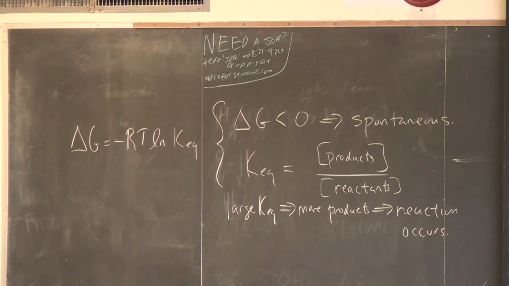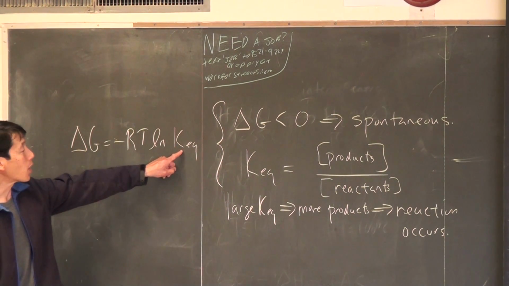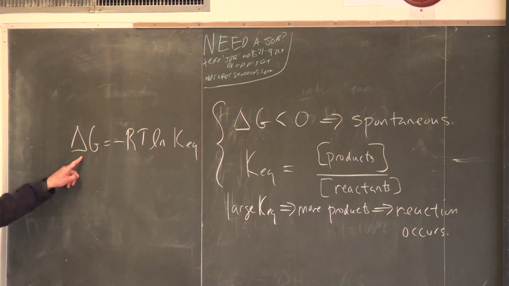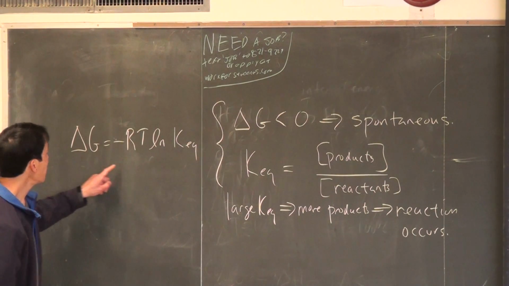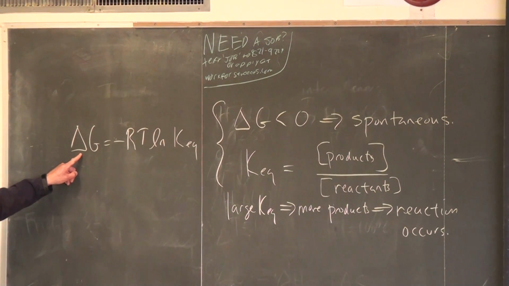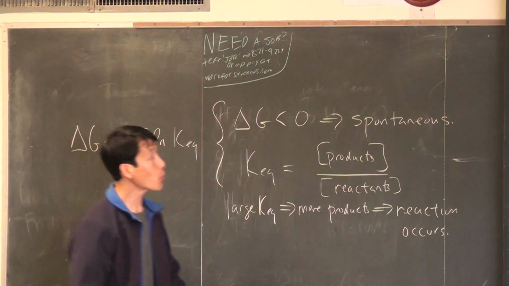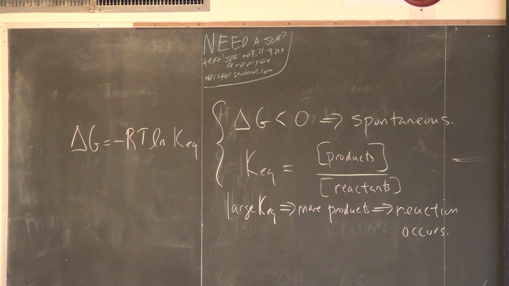This equation relates the equilibrium constant and delta G. Again, this makes sense because if KEQ is large, that means delta G should be less than 0. If KEQ is small, that is, less than 1, delta G should be greater than 0. So for the first question, we can tell whether a reaction occurs by looking at both delta G and KEQ, or one or the other. The rate constant doesn't tell us whether a reaction occurs. This just tells us how fast or how slow the reaction occurs.